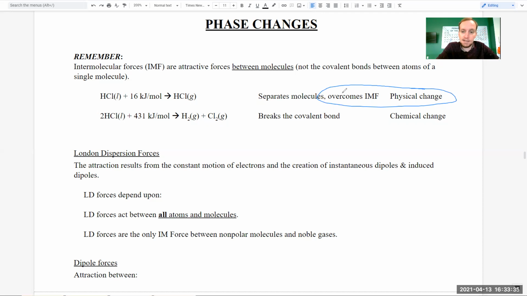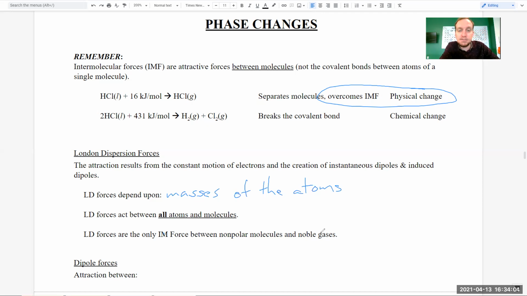They form what's called a dipole or an induced dipole, and that depends on the masses of the atoms. Okay, again, this can happen between anything and everything. And again, it says here, London dispersion forces are the only intermolecular force between non-polar molecules and noble gases.